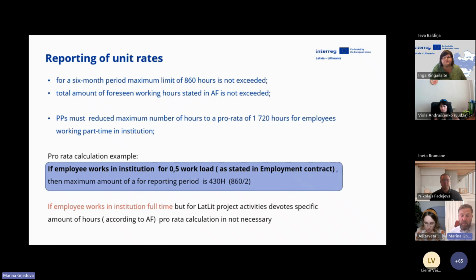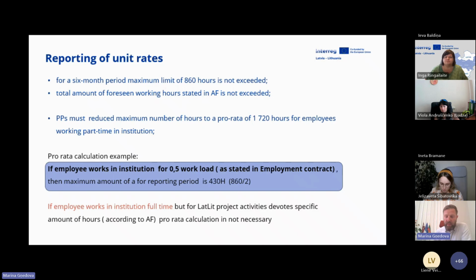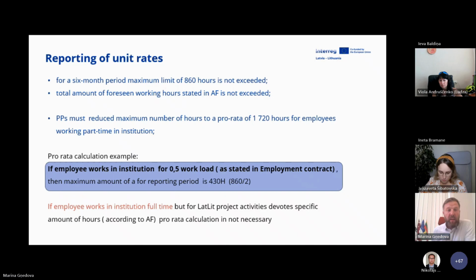So we have 2 options: flat rate or unit rates. For flat rates, like I said, you don't have to submit report, contracts, or even timesheets. Regarding unit rates, you have to submit. But there is also another restriction, which is important. So for 6-month period, you cannot report more than 860 hours. This is one restriction. Second restriction is whatever hours are stated in application form.